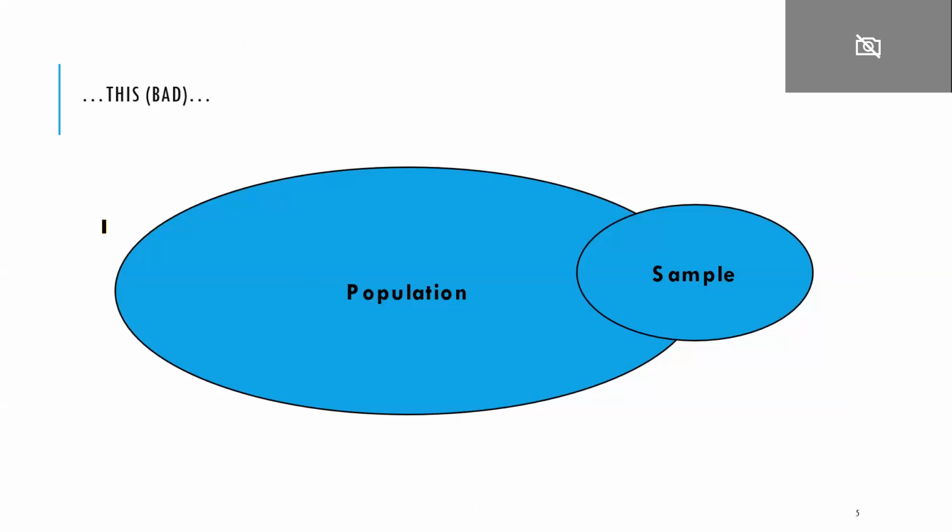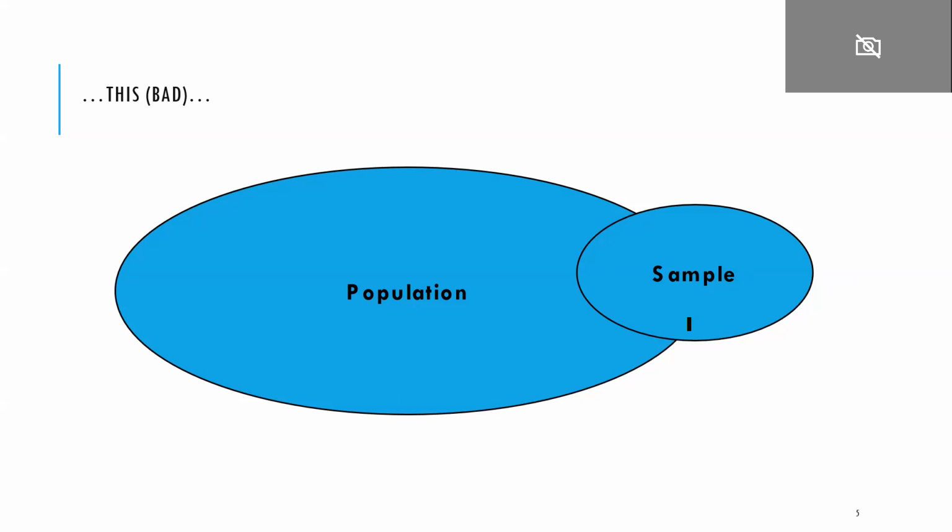Whatever sampling process you are performing, or whatever sample you have selected, it should be a true representation of your population. Here we can see that this sample is a very bad sample. Why?